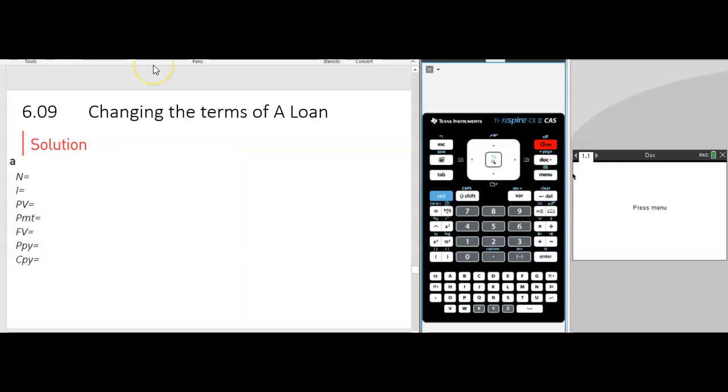Right, so the loan is 120,000, and it lasts for 20 years. 20 years, you have 12 months because your CPY, PPY are both 12.